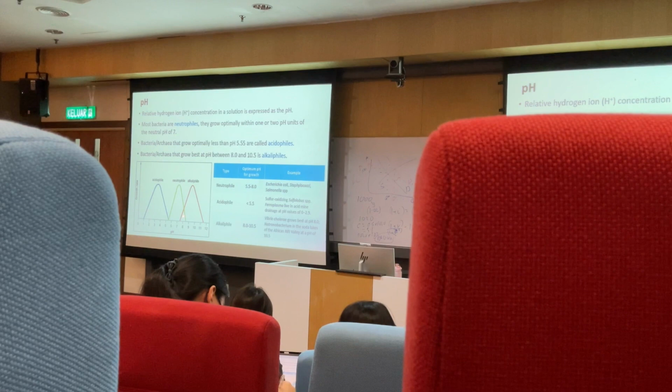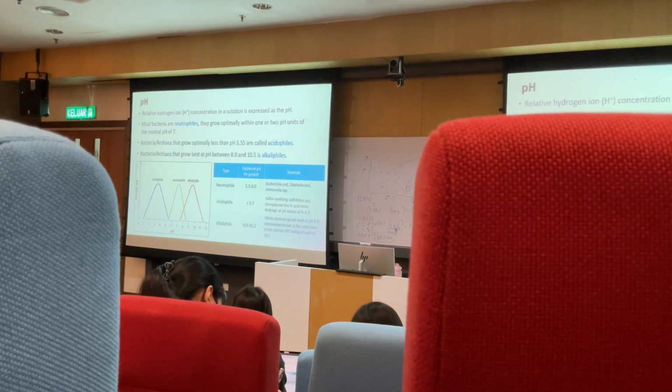As you can see, acidophilic microorganisms have a range from as low as pH 1 up to pH 5. Anything below pH 5.5 we call acidophilic. Alkaliphiles live at pH from 8 to 10.5. Here is another table showing some examples.